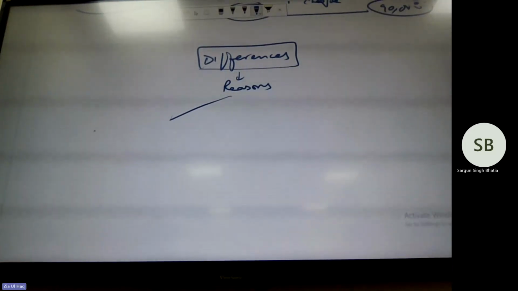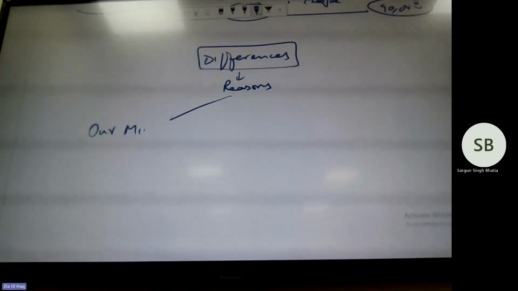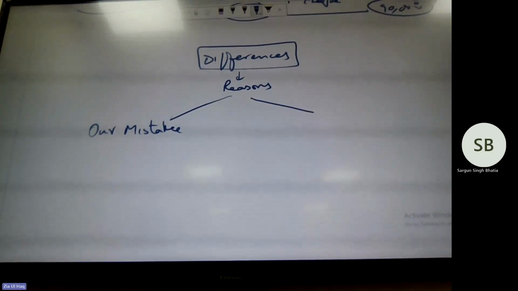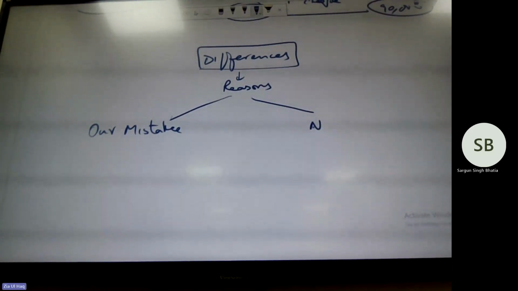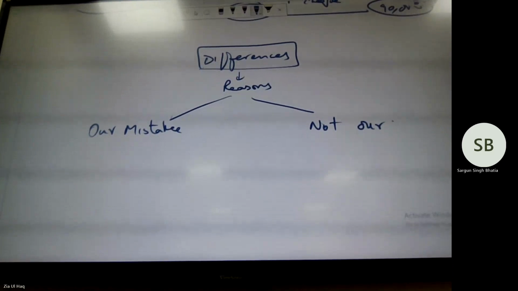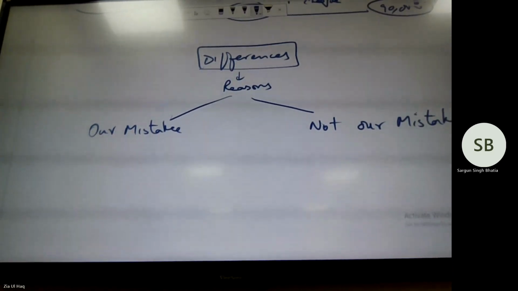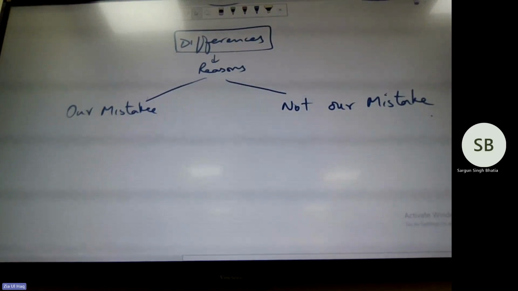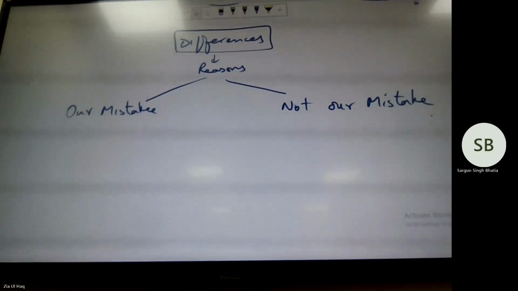Either these differences are due to our mistake or due to not our mistake. So the difference between passbook and cash book could be due to our mistake or not our mistake.